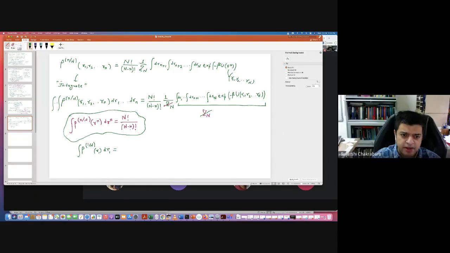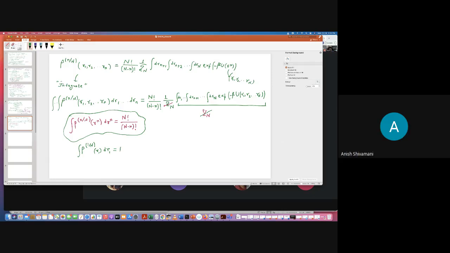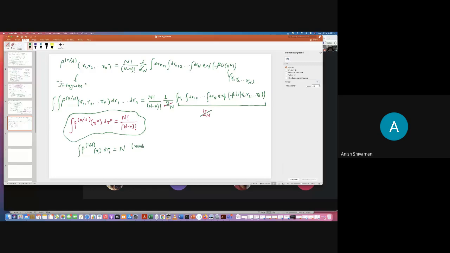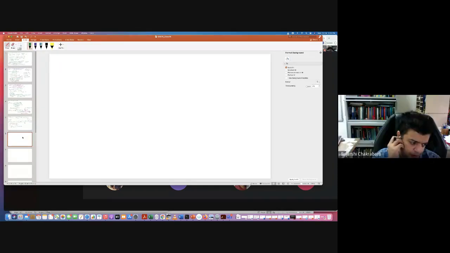N factorial divided by n minus 1 factorial, which is just n, because of the number conservation, isn't it? Hope you're following. Not a very difficult thing so far.